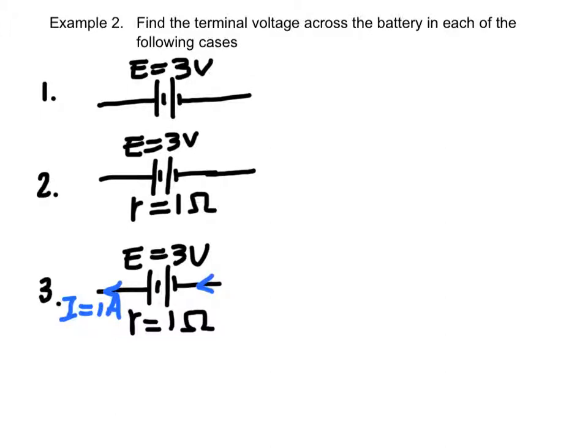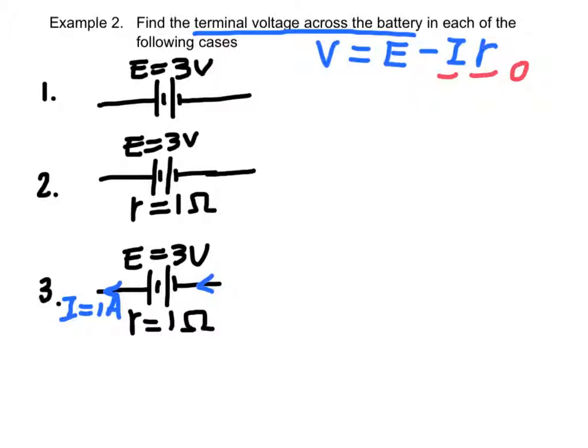Example 2. Terminal voltage across the battery V is equal to the EMF of the battery minus the current times the internal resistance of the battery. For case 1, since both I and r are equal to 0, then terminal voltage across the battery equal to EMF of the battery equal to 3 volts.